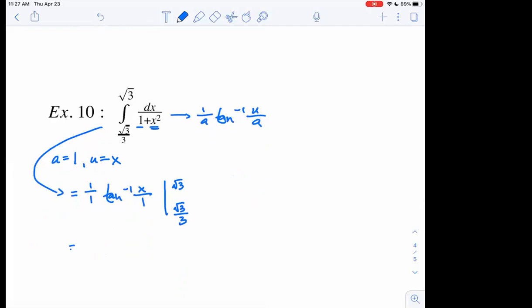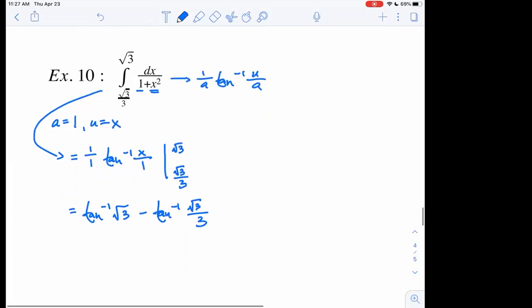So this is going to give me arctan of root 3 minus arctan of root 3 over 3. Top bound minus bottom bound. A lot of things sort of went away because 1 over 1 just goes to 1, and x over 1 just goes to x. All right.